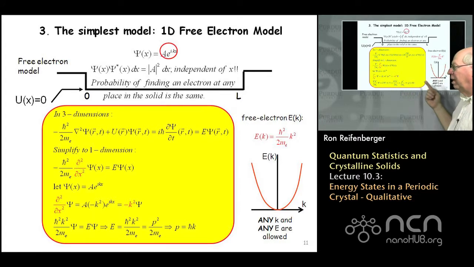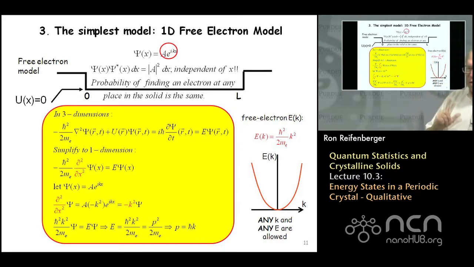So that means any k and any electron energy E are allowed when you delocalize electrons in this one-dimensional potential well. And so if I do an E versus k diagram, it turns out to be a continuous parabola, right? And I can have values for plus k and minus k, indicating whether an electron is going from right to left or left to right.